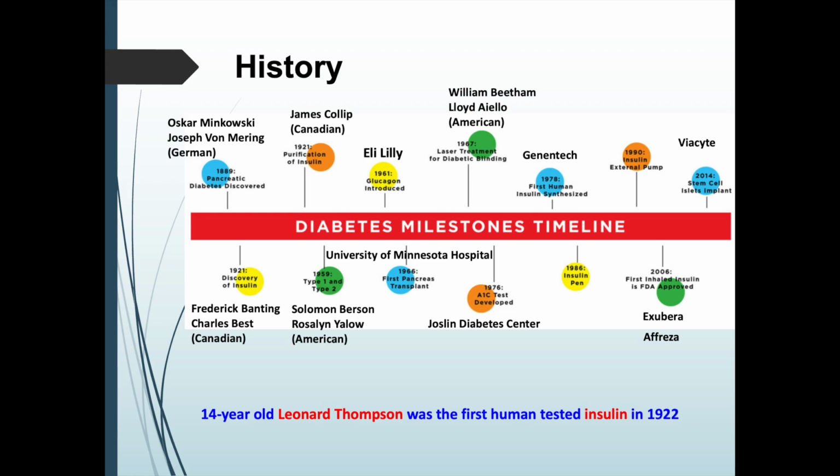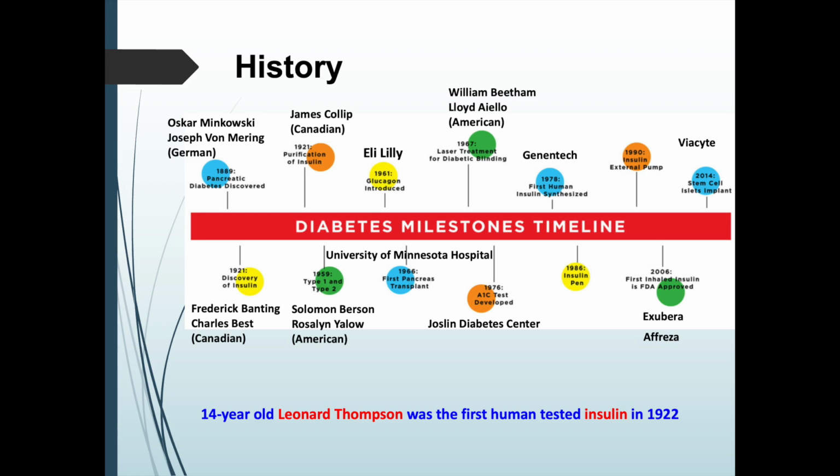Then stem cell therapy started in 2014. So people are still developing many pathways, drugs and antibodies to control this. But from 1889 to 1921, people did not survive because there was no medication, there was no insulin.